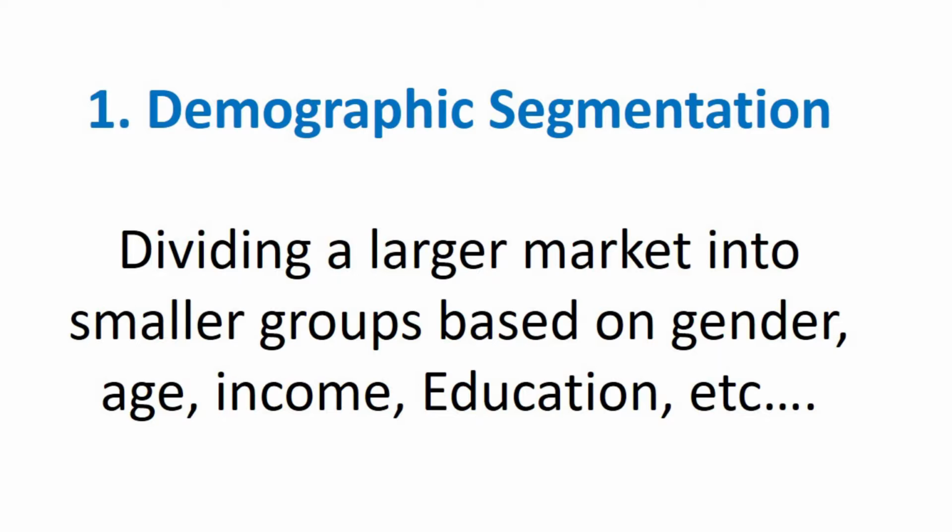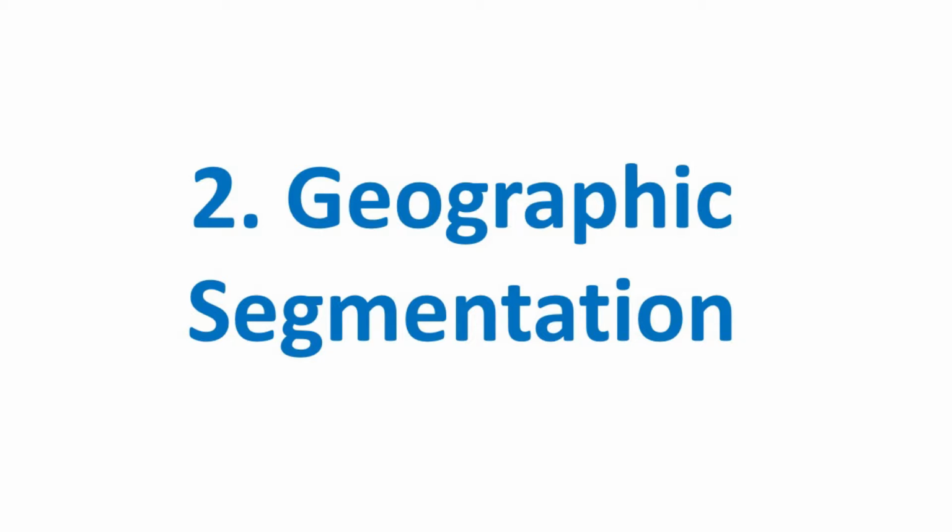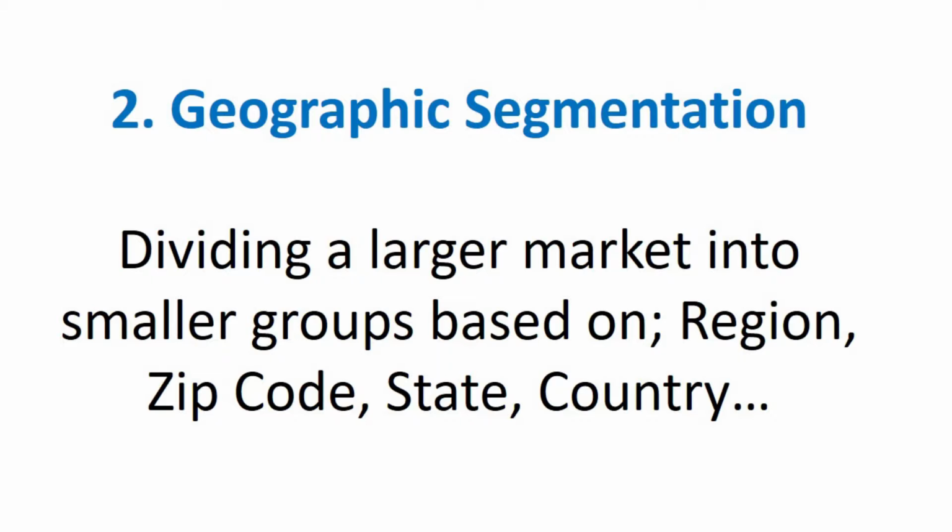And along with demographic segmentation, we also have what we call geographic segmentation. This is where you break down that large market again into small groups based on region, zip code, state, countries. And why this is important is because many companies, when starting out their business, start off on a local level or on a smaller level.